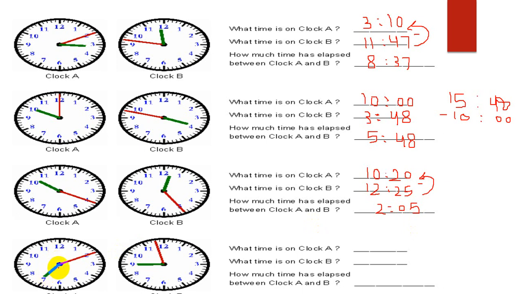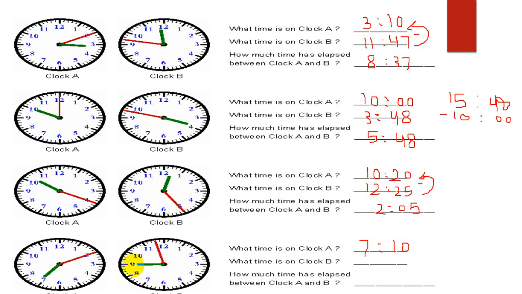The time, the short hand is between 7 and 8. So the time is what? 7. How many minutes? Multiply by 5. 2 multiply 5 is 10. Okay? In clock B, the short hand, the hour hand, points to 9?